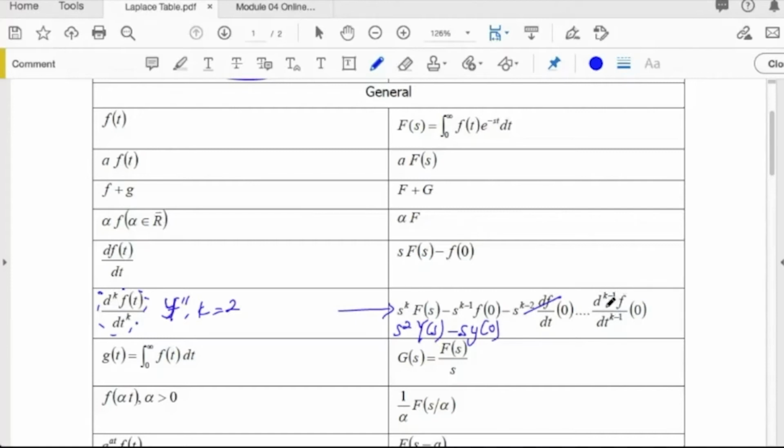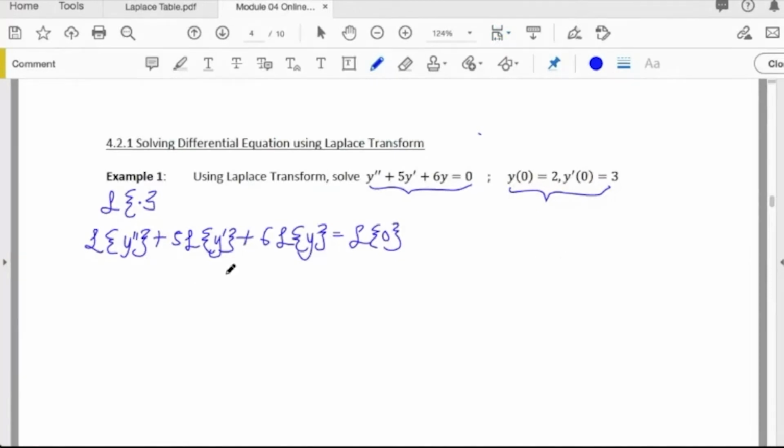So 2 minus 1 will give you df over dt, which is equal to f prime 0. You can use that to replace in the transformation. So the y double prime transformation will give you s squared Y(s) minus s y0 minus y prime 0.